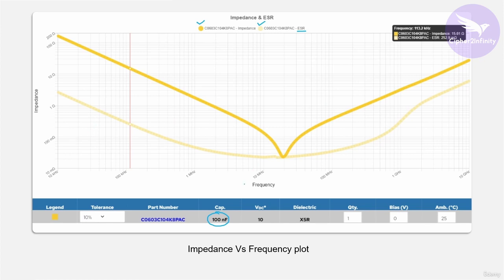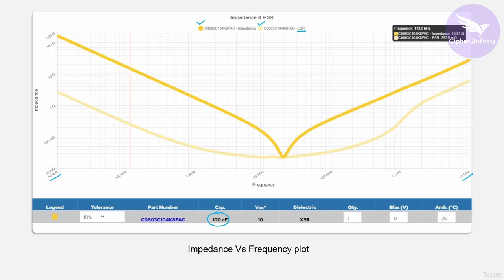On the x-axis there is frequency, and on the y-axis there is an impedance corresponding to that particular frequency. This plot is starting from 10 kilohertz and it's going up to 10 gigahertz. Now here you will have a question how exactly this impedance versus frequency plot came. So let's discuss that now.